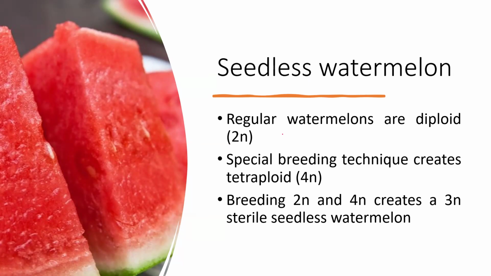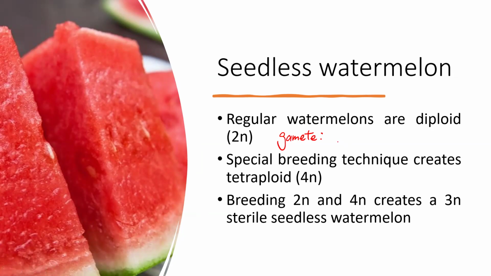So for the regular watermelon, if it is diploid, how many sets of chromosomes are in the gametes? One set, right? Because when you produce the gametes, it's always half of what you have.